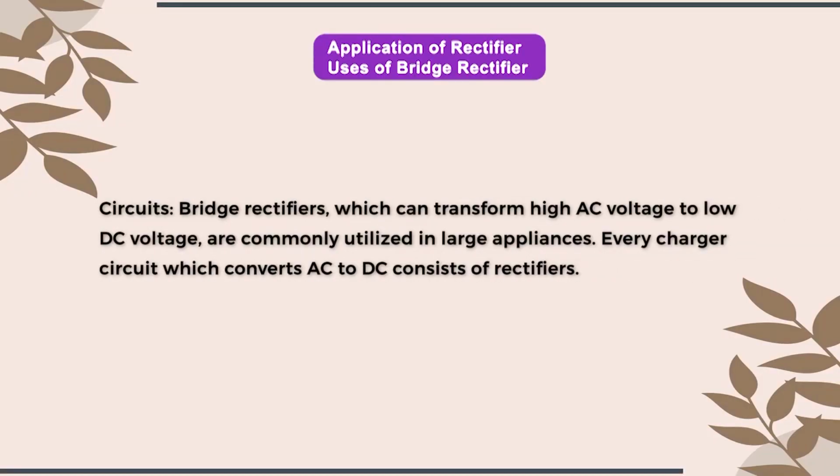Next application is in different kinds of circuits, that is bridge rectifiers which can transform high voltage to low DC voltage are commonly utilized in large appliances. Every charger circuit which converts AC to DC consists of rectifiers. So as we have discussed in the full wave rectifier, that is the center tap type of rectifiers, the bridge rectifiers are also used in the charging circuits.